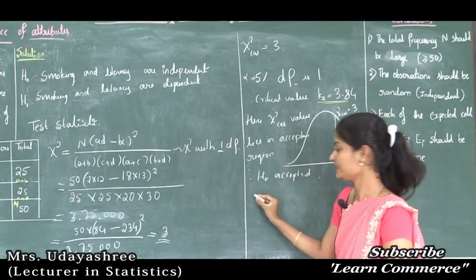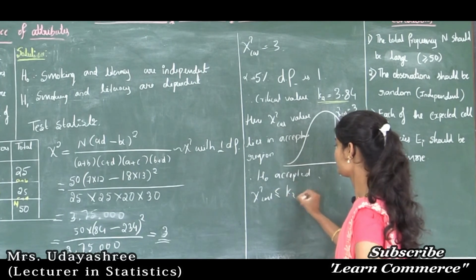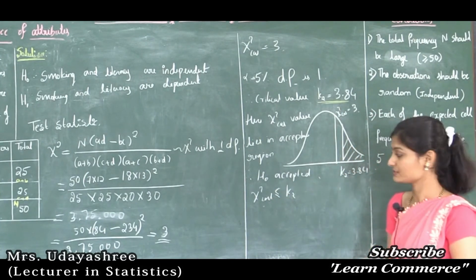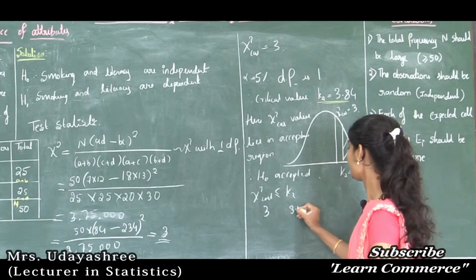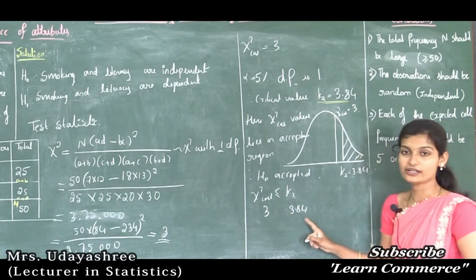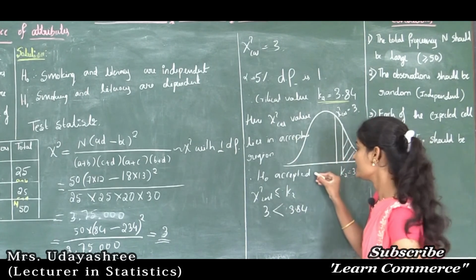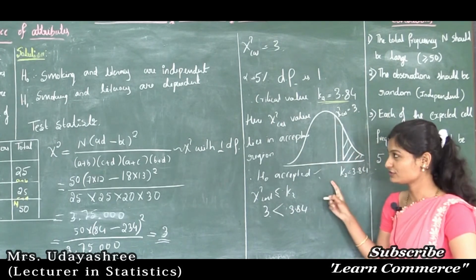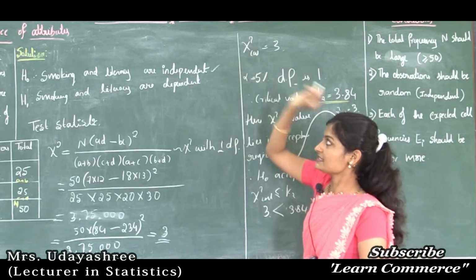And one more condition: the calculated value should be less than or equal to the table value. Here the calculated value of chi-square is 3 and the table value is 3.84. See here, 3.84 is greater than 3, so the condition is satisfied, therefore H0 is accepted.